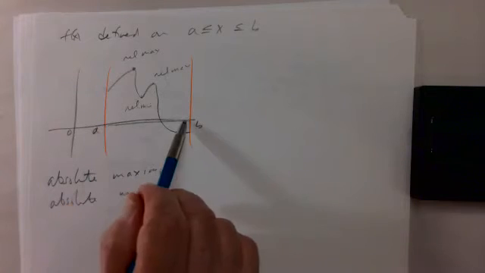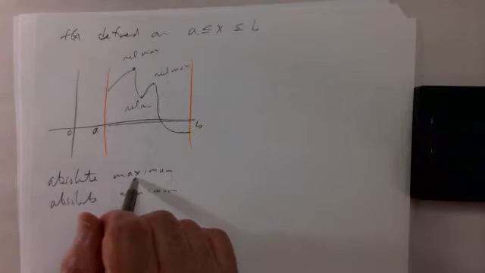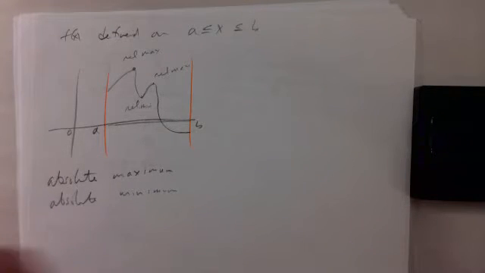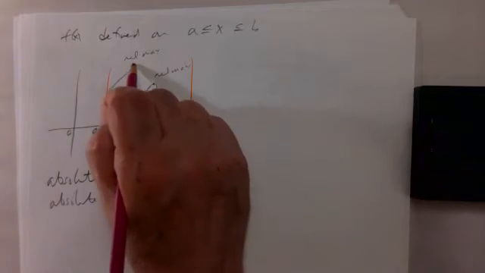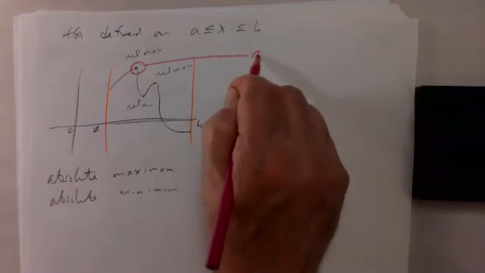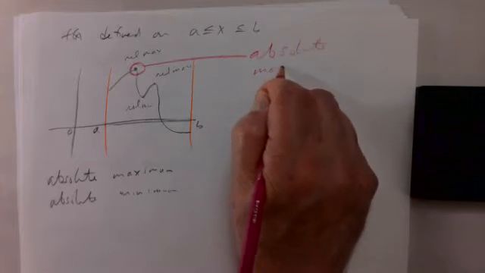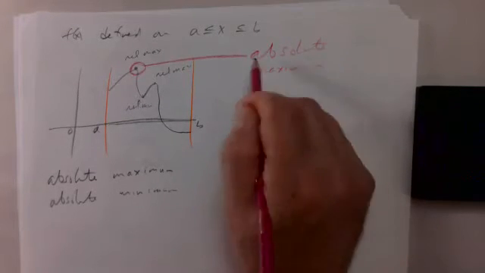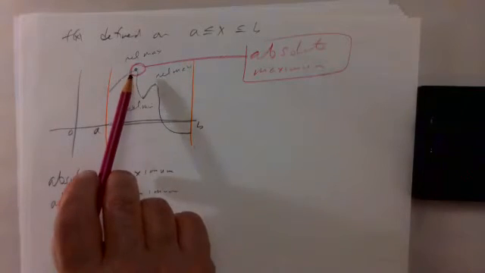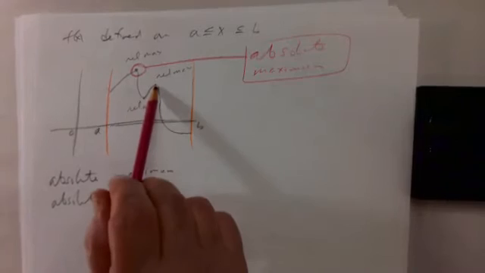This means on this interval, the absolute maximum is the point where the function is bigger than it is anywhere else. In this graph, for example, this point right there is the absolute maximum. It happens to be a relative maximum, but there's another relative maximum.